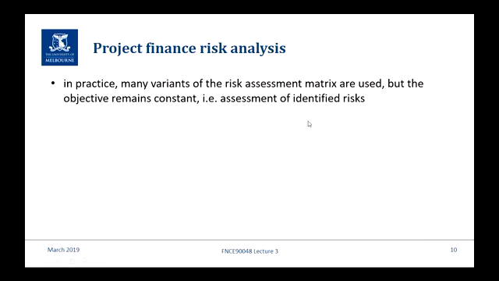So in practice, as I said, I'm not saying that every project will have that particular traffic light looking diagram, but the objective of whatever you use to assess your risk remains constant, and that is you have to be able to assess the likelihood of the risk event happening and the consequences in economic terms.